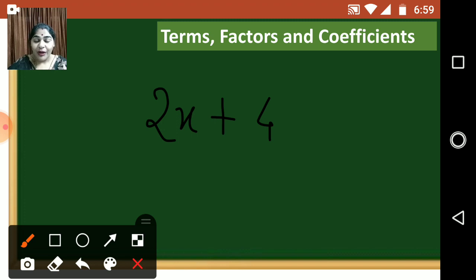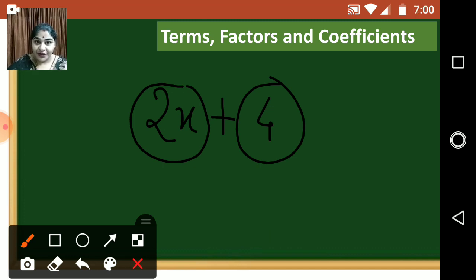How many terms do you see here? Yes, there are two terms, that is 2x and 4. Terms are formed by multiplying their factors, like 2x, there are two factors, that is 2 and x, right?